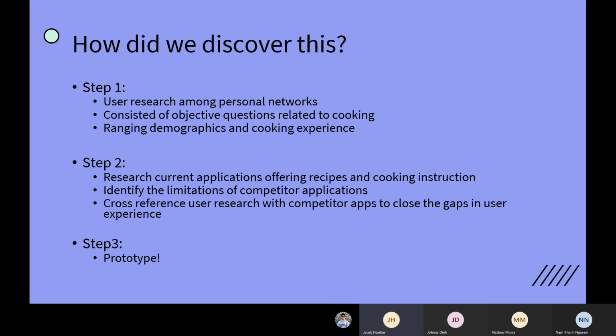We identified the limitations of these competitor applications and then cross-referenced user research with competitor apps in order to close the gap in user experience. Step 3 was to prototype and put our ideas into motion to come to what we now have today.